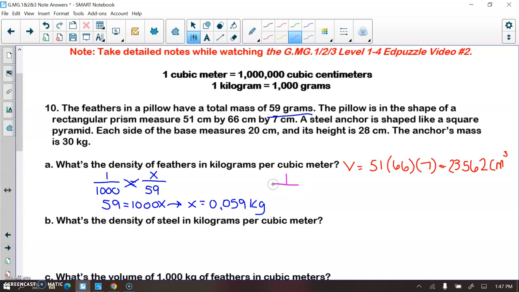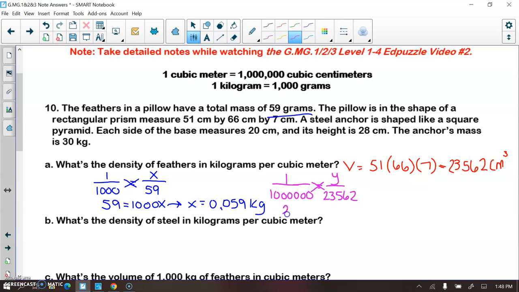1 cubic meter is equivalent to 1 million cubic centimeters. So I'm going to be finding the number of cubic meters given this as my volume.